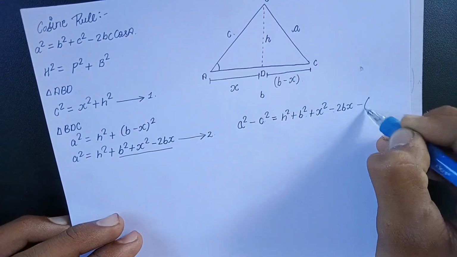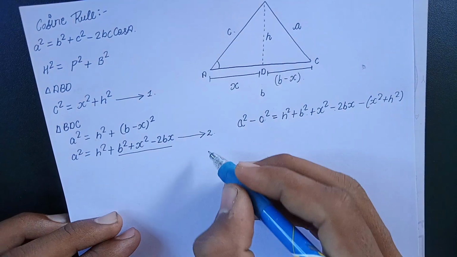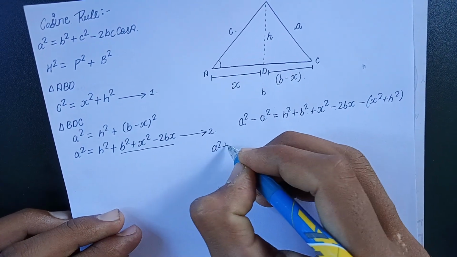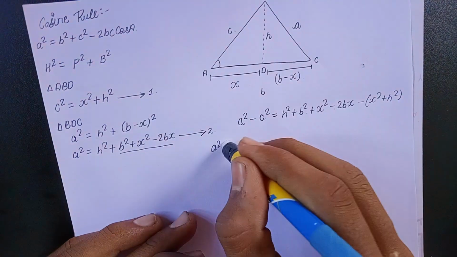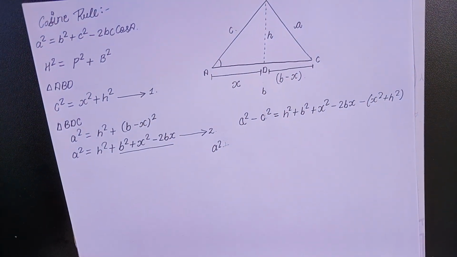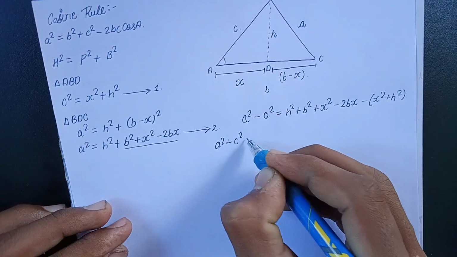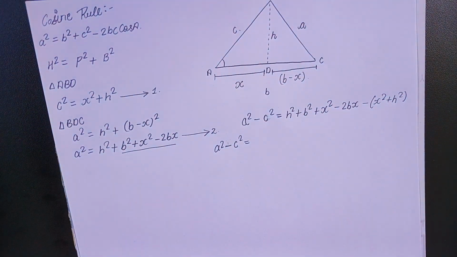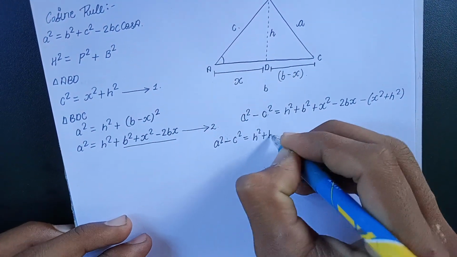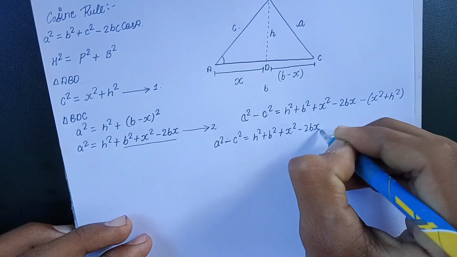Now we can write x square plus h square. On solving further, we have a square minus c square is going to be equal to h square plus b square plus x square minus 2bx.